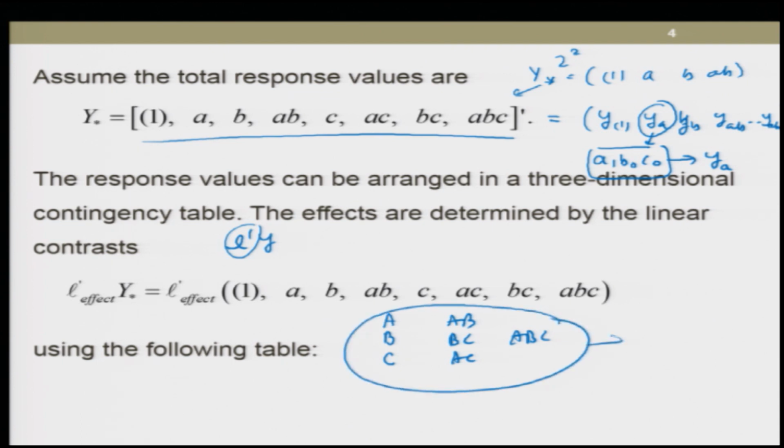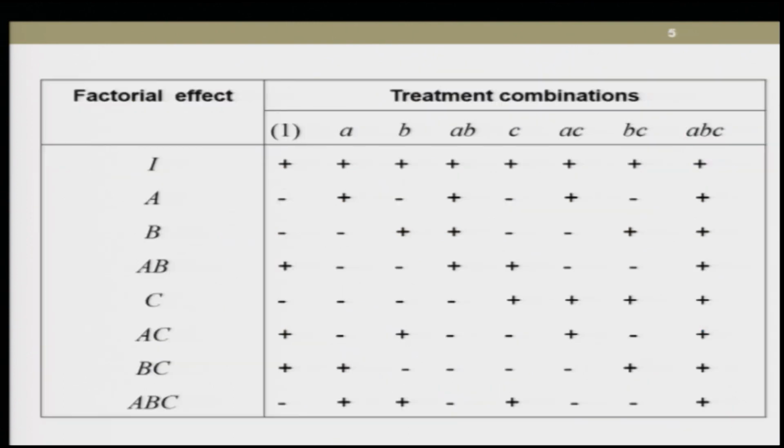All these effects can be estimated by L transpose y, a linear function of these 8 observations on y. The only thing is that this L is going to change. For A, I am going to denote it as LA, for B as LB prime and so on. So all these effects, main effects and interaction effects, can be estimated using this linear function.